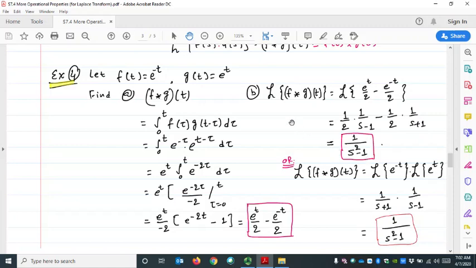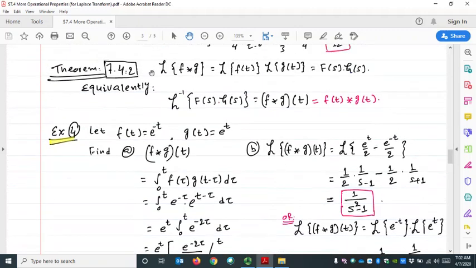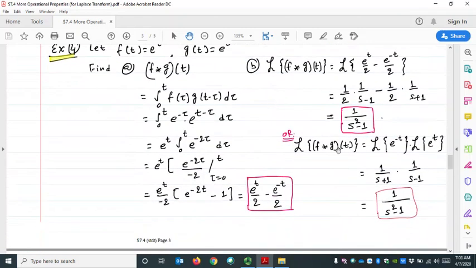Great. Or just use these theorems. Laplace transform of convolutions equals the multiplication of their respective transforms. So the Laplace transform of these convolutions equals the multiplication of their Laplace transforms.